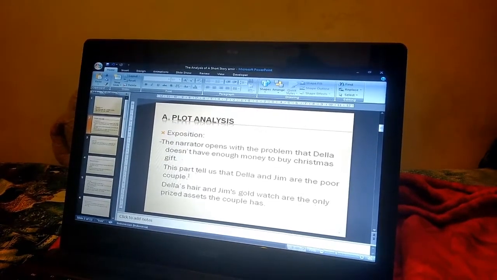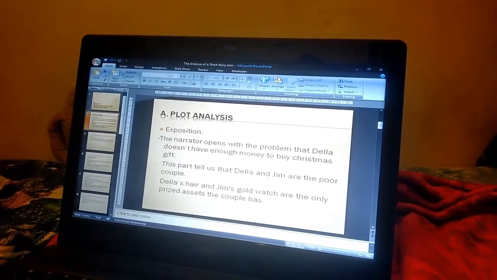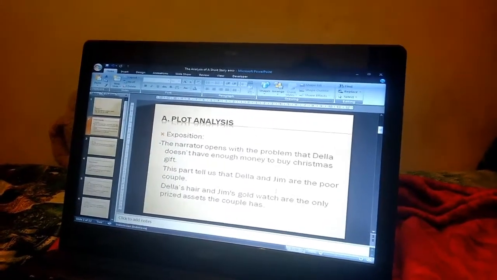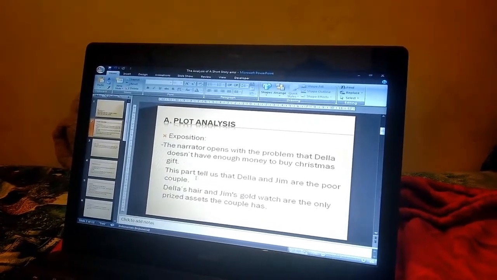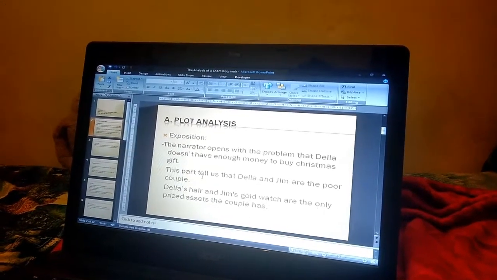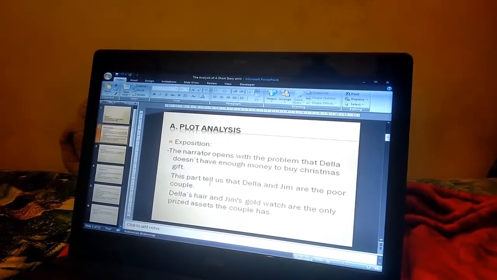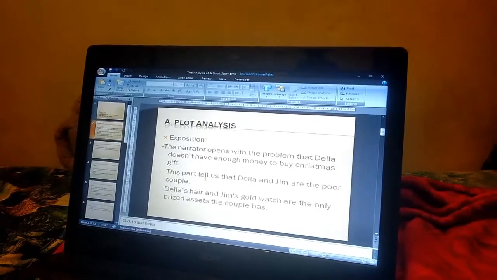This part also tells us about the main characters, Della and Jim. Della and Jim are a poor couple that live in a small flat, and they only have a very minimum salary for their work.